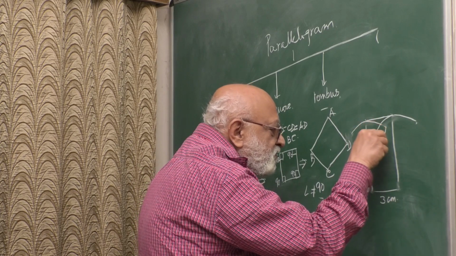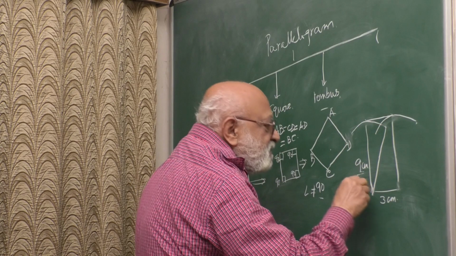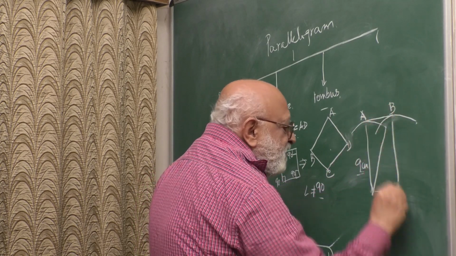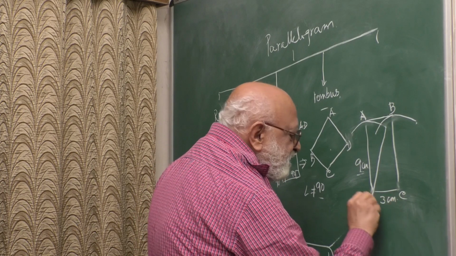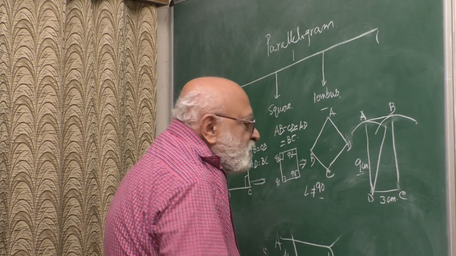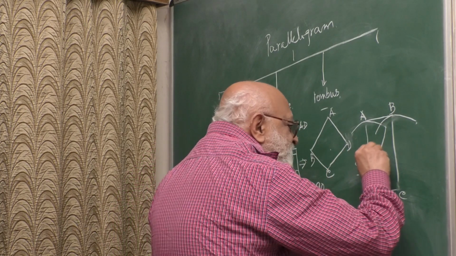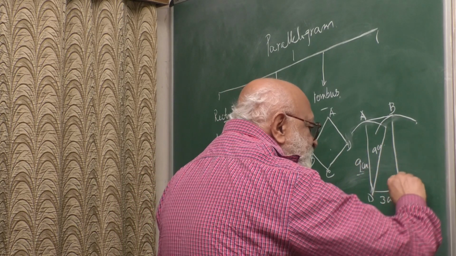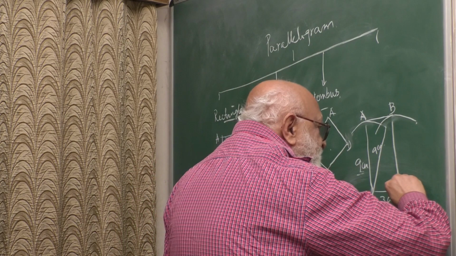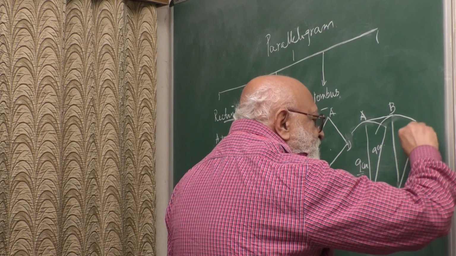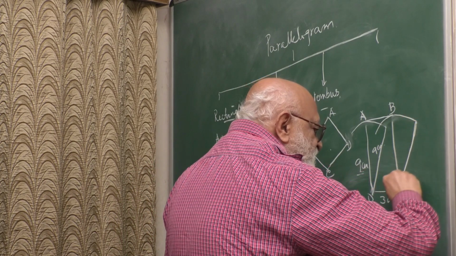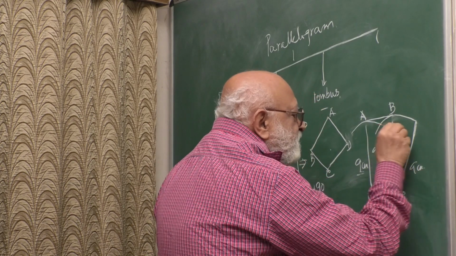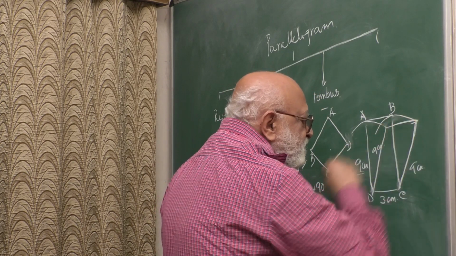So let me join this. So this is A, B, C and D. So this should also be 9 centimeters. And if I join something here on this arc, that will also be 9 centimeters. Let me join these two.